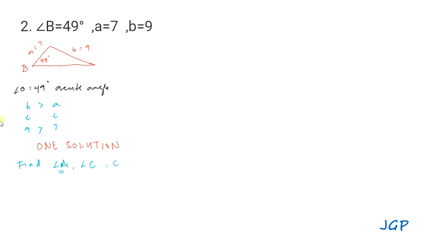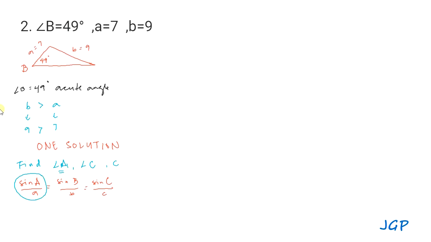So, formula natin ng law of sines. And our formula, again, recall natin ha, we have sine of angle A over side A is equal to sine of angle B over side B is equal to sine of angle C over side C. And since we're looking for the angle A, syempre, gagamitin natin ito.